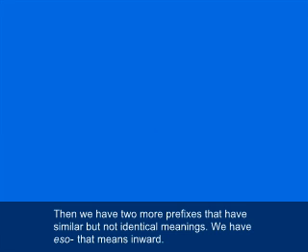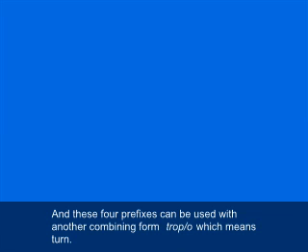Then we have two more prefixes that have similar but not identical meanings. We have eso, hyphen. That means inward. And we have exo, hyphen, which means outward. And these four prefixes can be used with another combining form, tropo, TROP/O, which means turn.